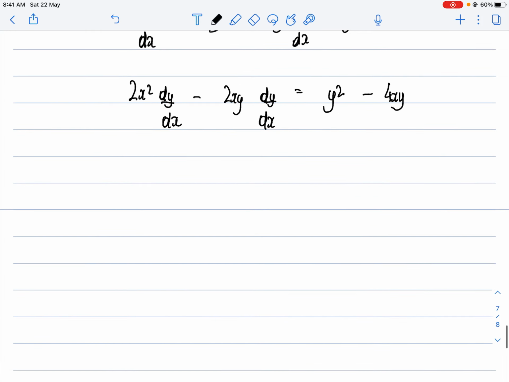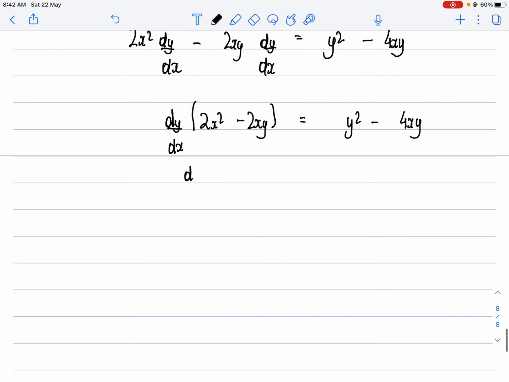So I can simply take dy by dx common with 2x square minus 2xy, which is equal to y square minus 4xy. Now this can be written as dy by dx is equal to y square minus 4xy over 2x square minus 2xy. So this is basically my dy by dx.